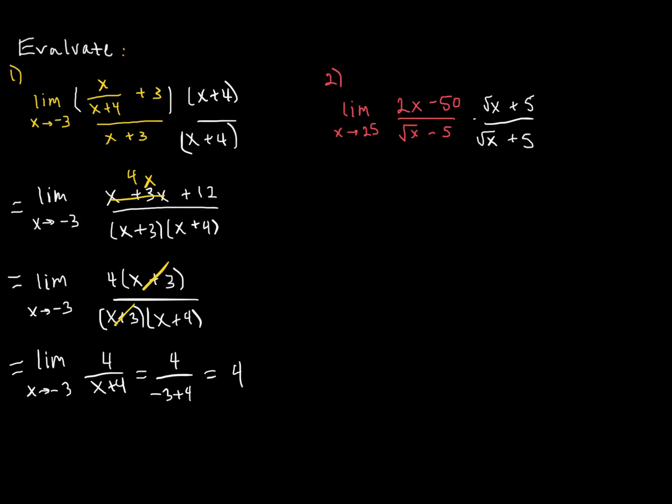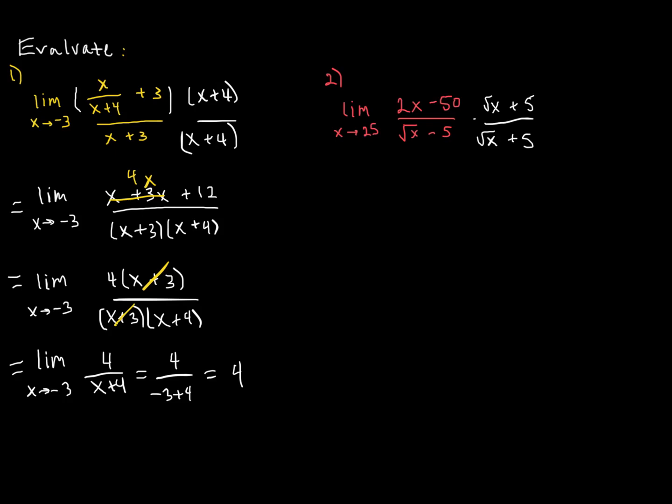But then notice, we're going to multiply negative 5 by square root of x, and we're going to multiply positive 5 by square root of x, and those are going to then cancel. You'll have negative 5 square root of x plus 5 square root of x. That's 0. So you get rid of the square root, and that's why we do this. Okay, so you might want to commit to memory that multiplying by the conjugate will get rid of the square root there.